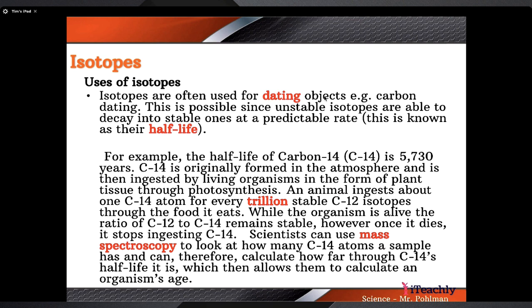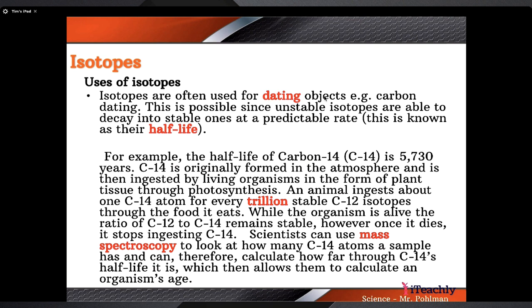Carbon-14's half-life is 5,730 years. That means that over the course of that time frame, half of that material would decay. So, if we're looking at where carbon-14 originates from, it's in the atmosphere. It combines with oxygen. That radioactive carbon dioxide is then taken into plants.